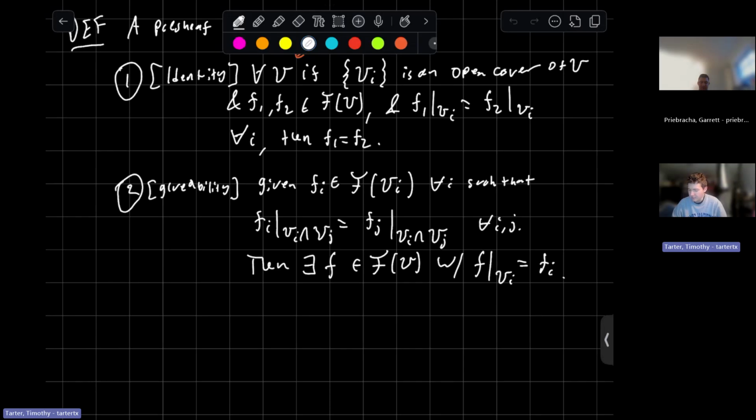That's a very interesting example. So bounded functions really don't have to agree, and so you miss the identity axiom of gluing.